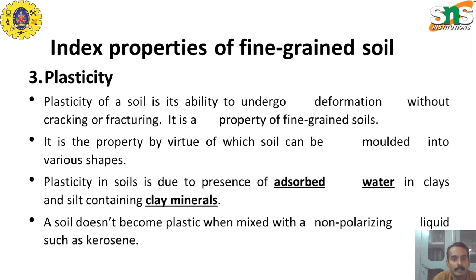Next is plasticity. It is the ability of soil to undergo deformation without cracking or fracturing on addition of water. Plasticity in soils is due to presence of adsorbed water in clay and silt containing clay minerals.